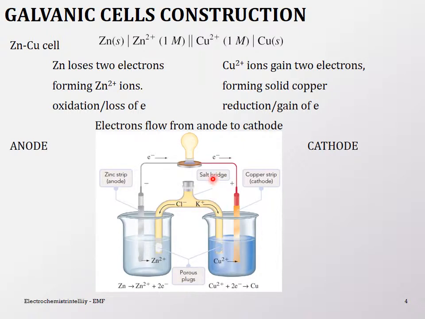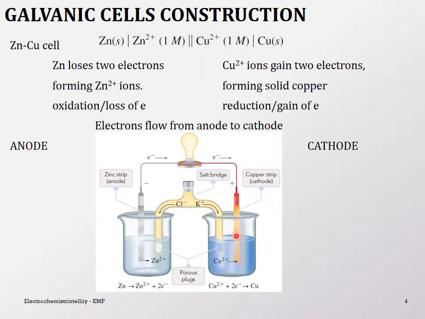The salt bridge means that it's not neutral, it has ions in it, and a salt bridge is usually made of something a little bit neutral like potassium chloride or sodium chloride, so it does not interfere with the actual galvanic cell itself. And then, within the anode, you have the zinc strip, which is solid zinc, and then you have the copper strip, which is the cathode strip over here.